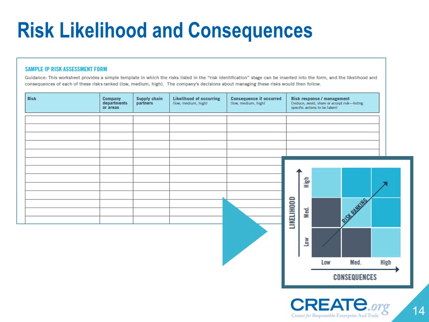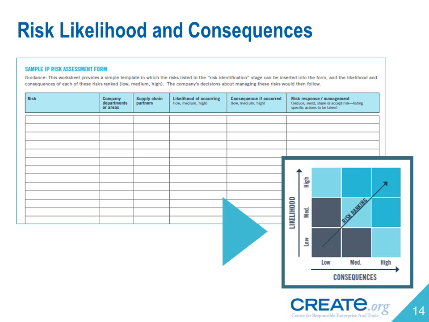Then this particular form we've put in the report talks about an analysis of the likelihood of this risk occurring, low, medium, high, what the consequence is if it did occur, low, medium, high, and then the specific steps that you might take to reduce or avoid, share, or accept the risk. And again, there's a lot more detail in the report about the kinds of risk responses that can be taken. We're going to talk a bit more about that in a minute.